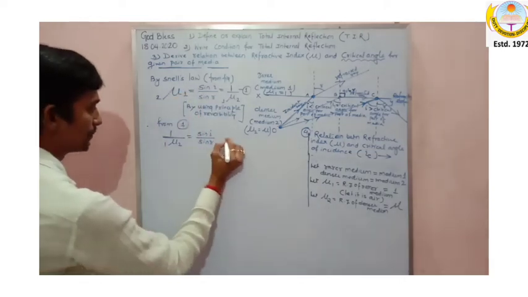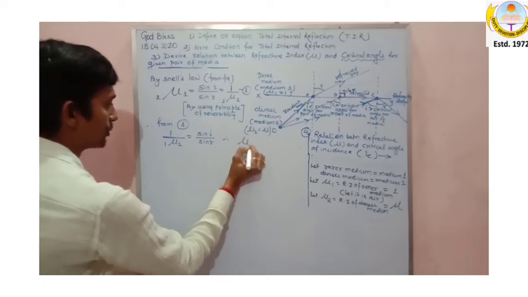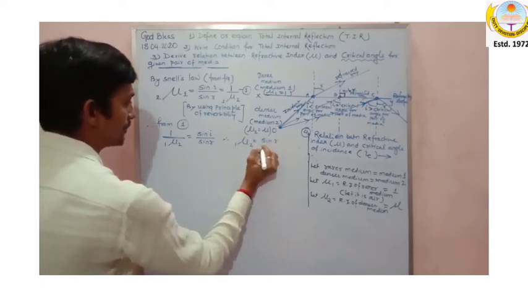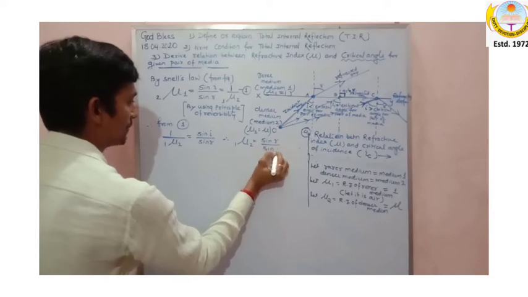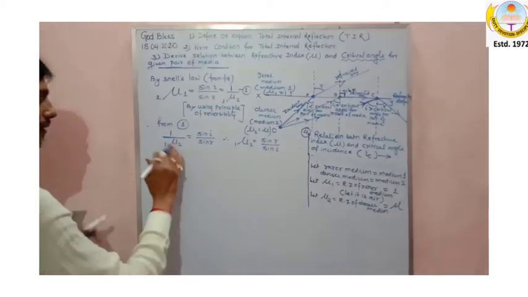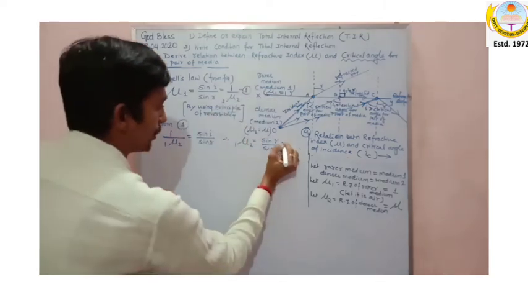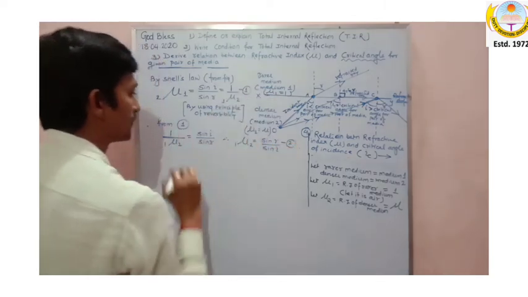Therefore, mu of 2 with respect to 1 becomes sin R upon sin I. I reciprocate it, and I will put this as equation number 2.